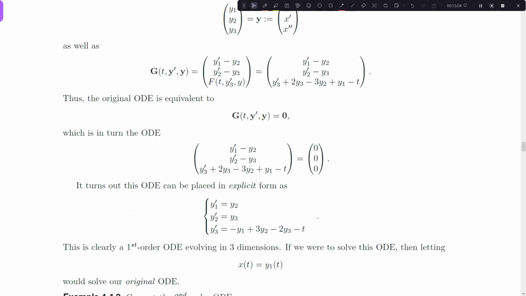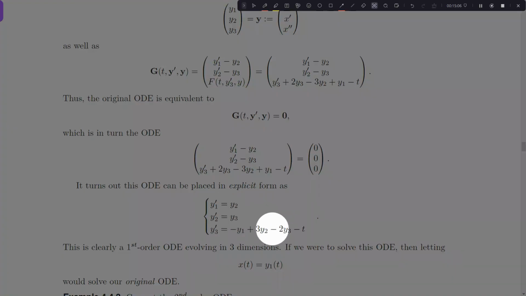Okay, and that's what I state at the bottom there, right? If I solve this system of 3 first order ODEs, they all depend on each other. If I solve that system, I just look at my solution y1, and that's going to be x, which solves the original ODE.